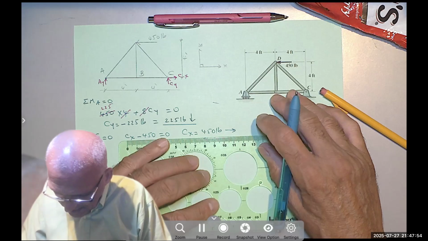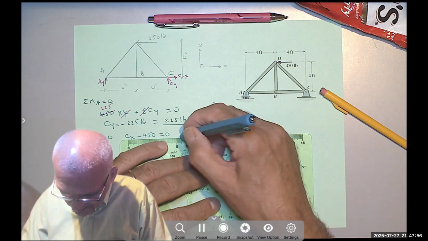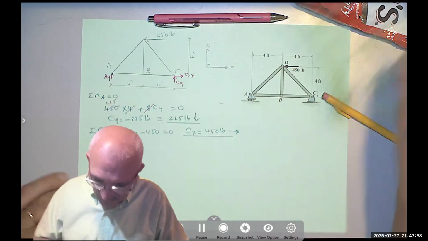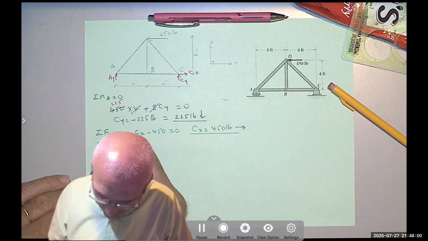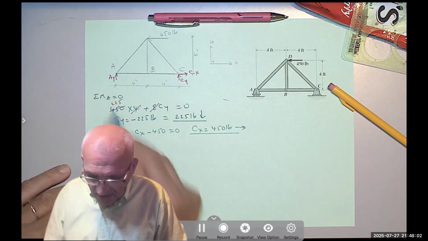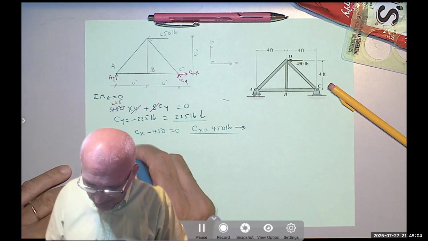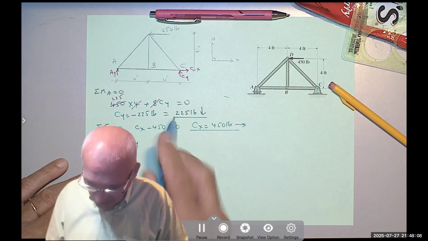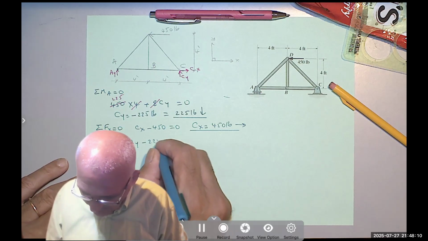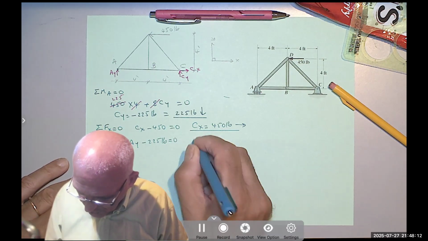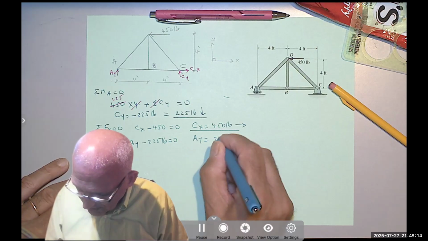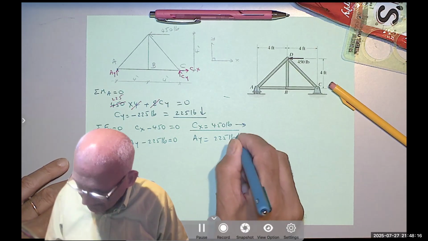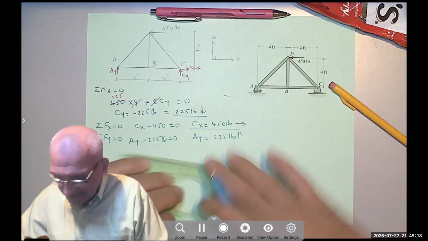And finally, I say sum of the forces in the y equals 0. I have Ay going up, and Cy, notice, going down. So Ay minus 225 pounds equals 0. So Ay equals 225 pounds going up, meaning I drew it correctly.